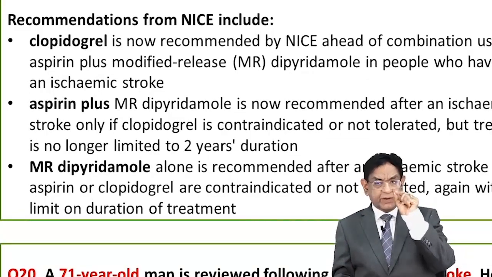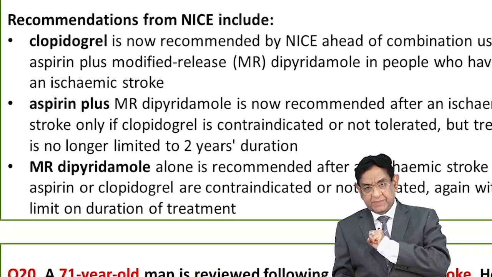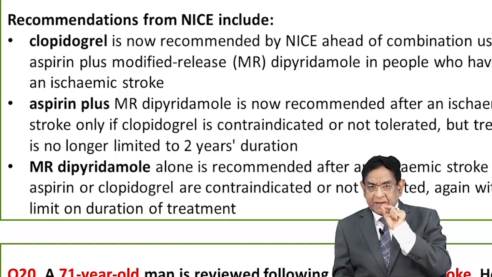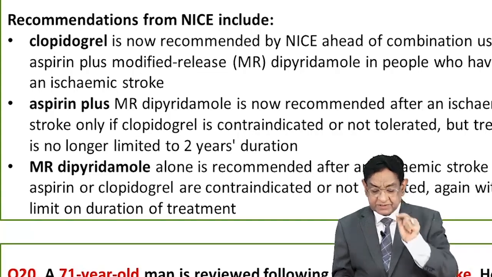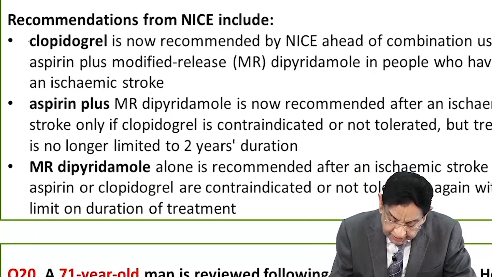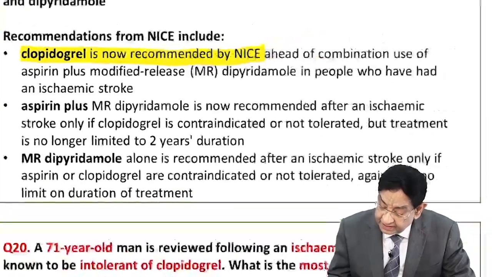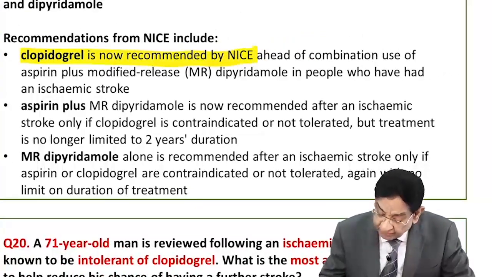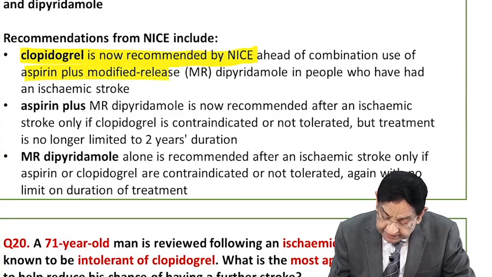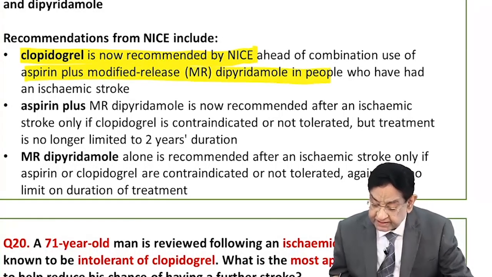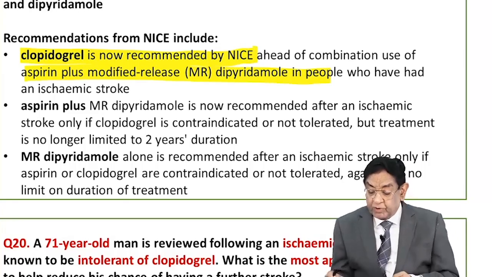This is when you are planning to discharge, and now you have to listen very carefully. As per NICE guidelines, clopidogrel is now recommended ahead of aspirin and modified release dipyridamole.